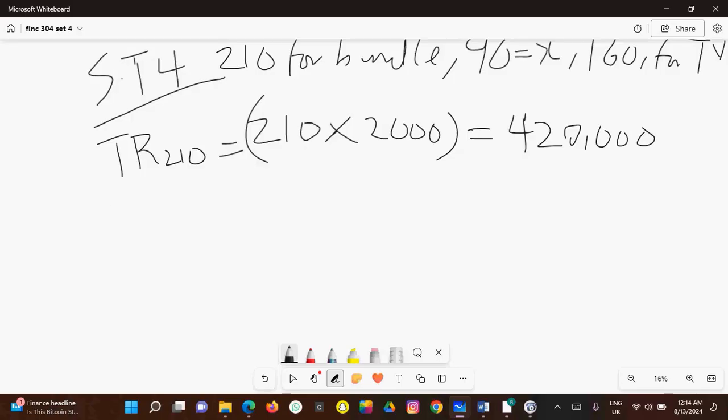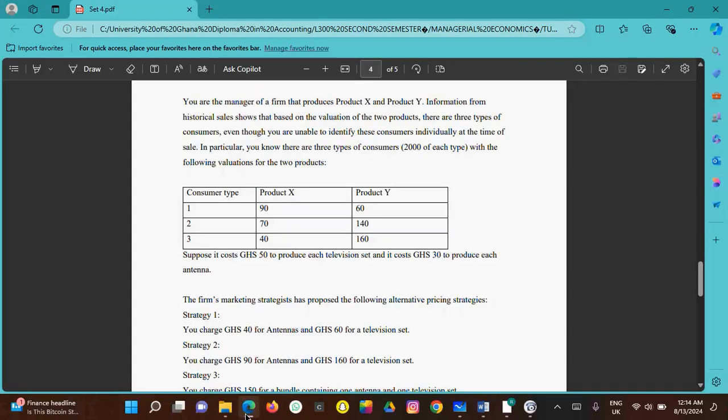All right. So TR for the different prices. Let me do the other TR. Which of them can afford the antenna at 90? Let's check. Only consumer type 1 can afford it at 90. And then only consumer type 3 can afford the TV at 160. Right.